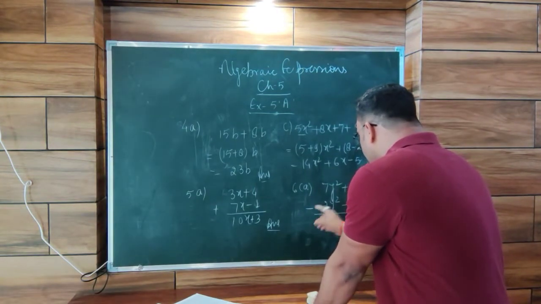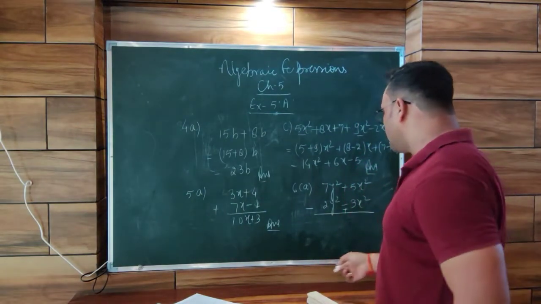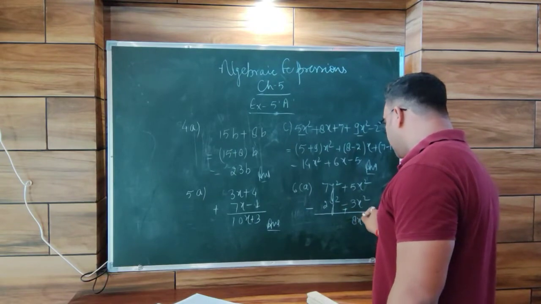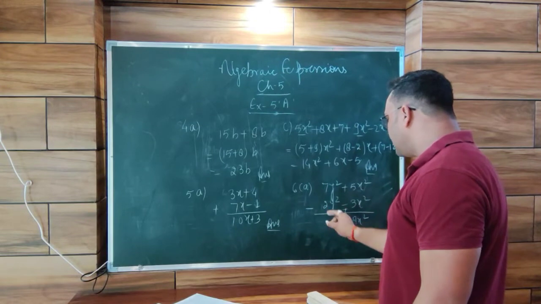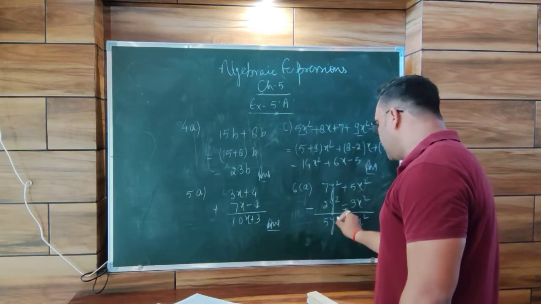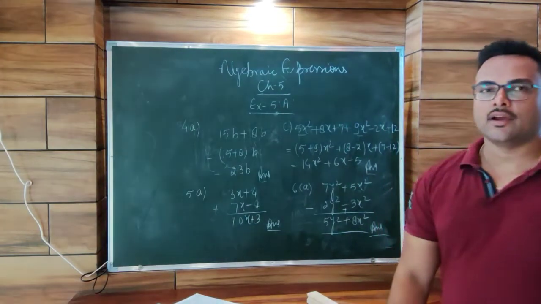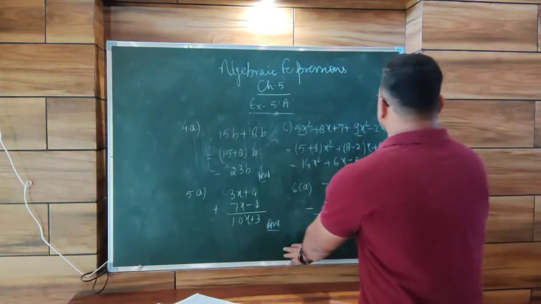Positive will turn to negative and negative will turn to positive. First of all, you have to change and then you have to solve. So 5x square plus 3x square, you will get 8x square, plus 7y minus 2y, 5y square. This is your answer. So this way you have to solve other questions also, and the same way, there is no change at all.